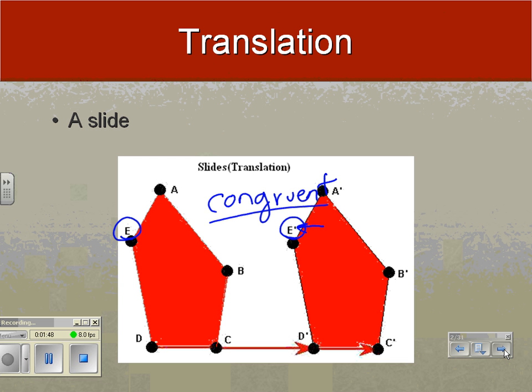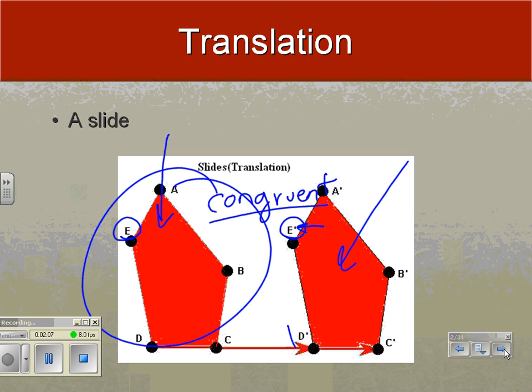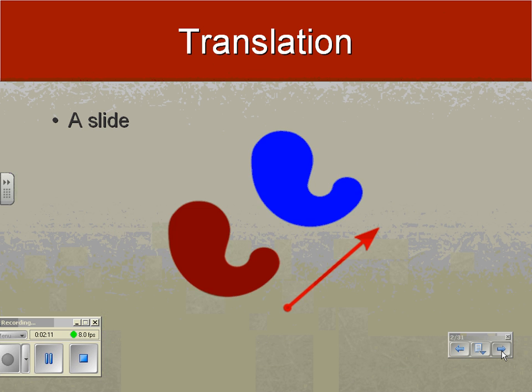This little apostrophe we call prime. So we would call this figure the pre-image, A, B, C, D, E, and this figure A, B, C, D, E prime. So we have our original, and then we produced our new. Again, a translation is a slide.